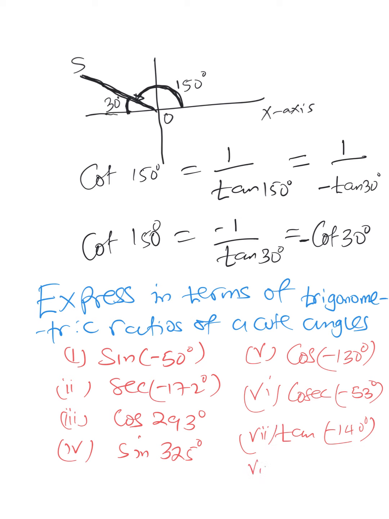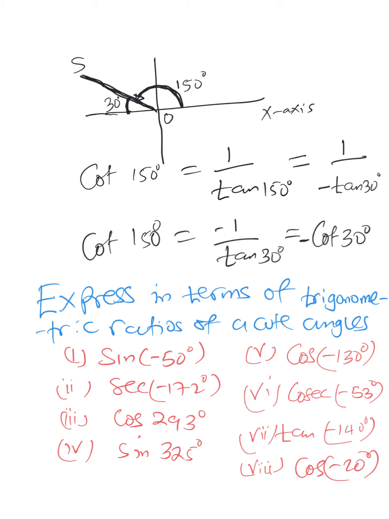Then number 8, we have, what else can I give you here? We have cot 156, that we have done. We can look at the cos of minus 20 degrees. So we are required to express these ratios in terms of ratios of acute angles.